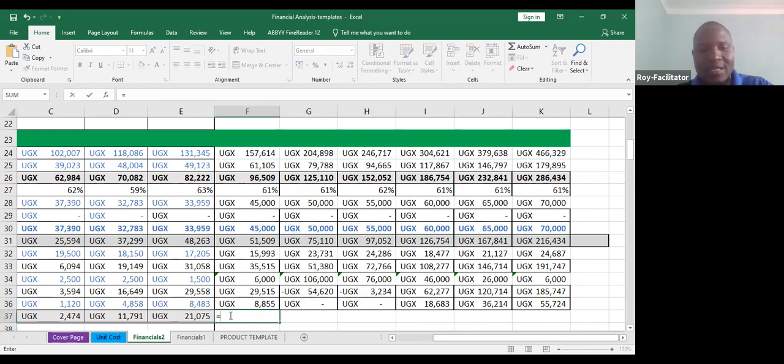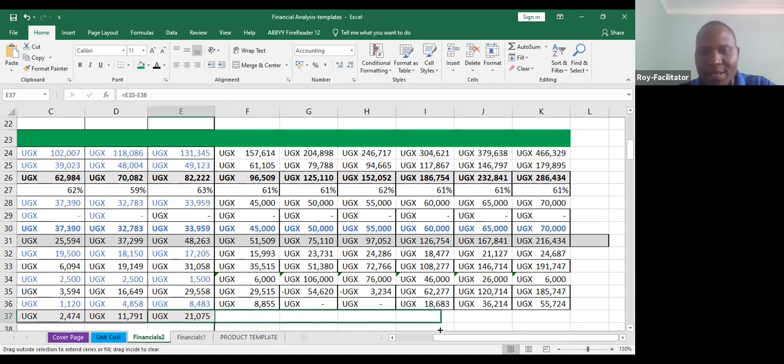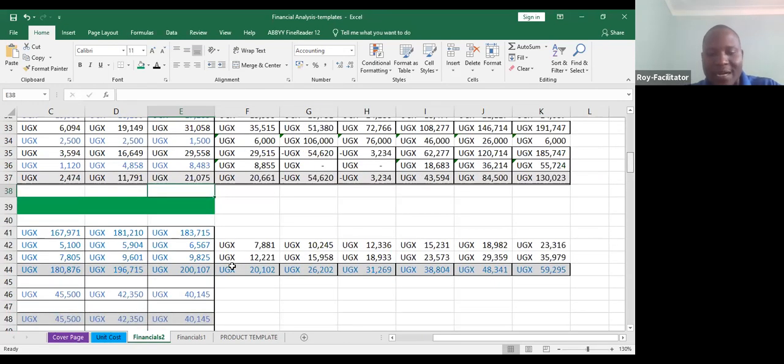So my net profit or loss, I'll just extend the formula below, and so there you go.